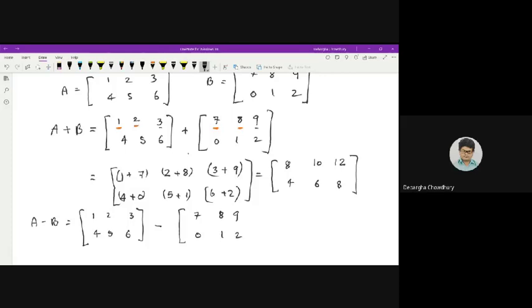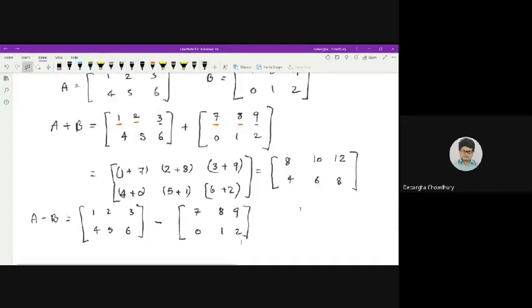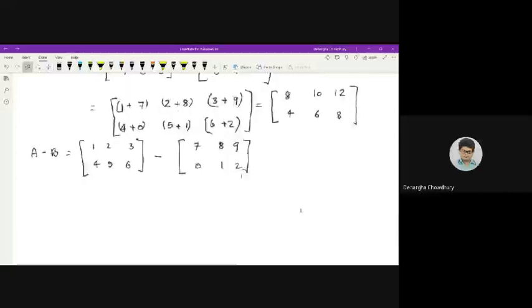These are the two matrices. Now we have to subtract them. It's the same method which we did in the previous problem. We would choose the first row first column element of the first matrix and the first row first column element of the second matrix.